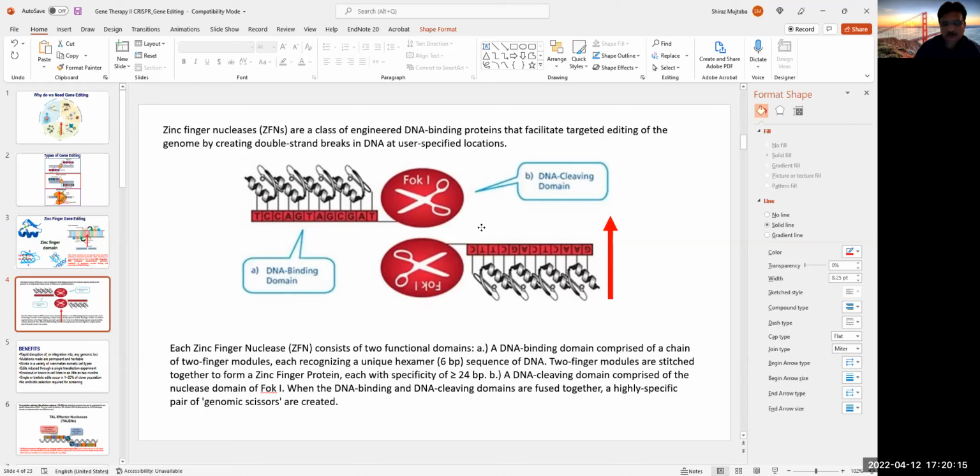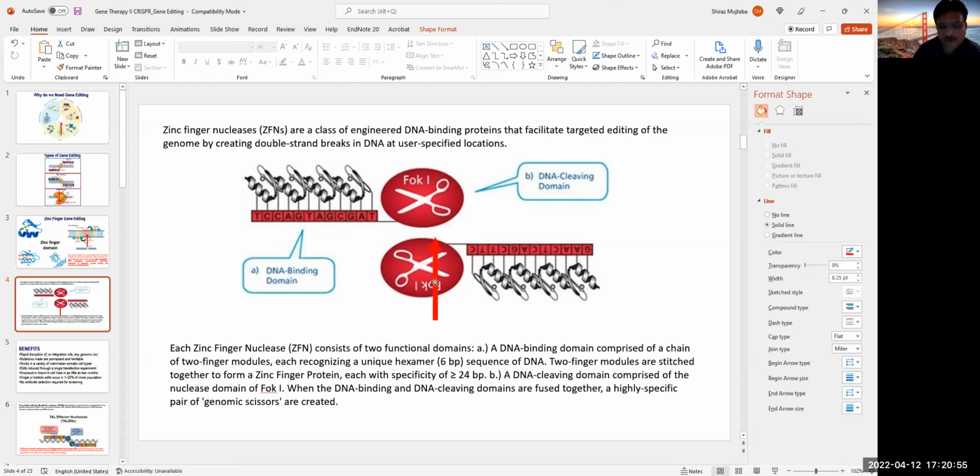So there are two portions to the zinc finger gene editing system: the DNA binding domain and the DNA cleaving domain, FokI. So why is the DNA binding domain important? Because you want to alter a specific sequence. Now this technology is still at the lab level. People are trying to modify stem cells and plant embryos, but it has not taken off because our human genome is so big, and remember they're only made up of four bases.